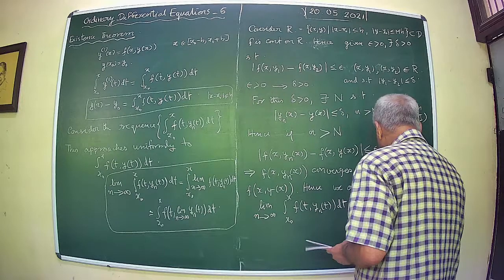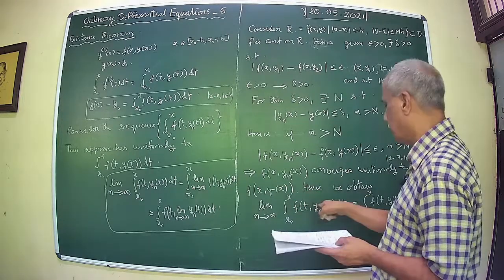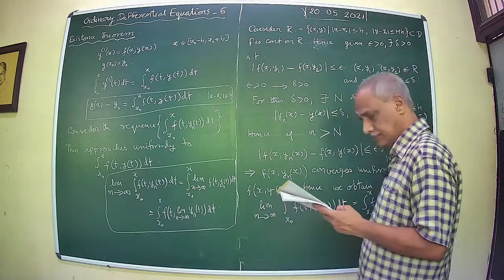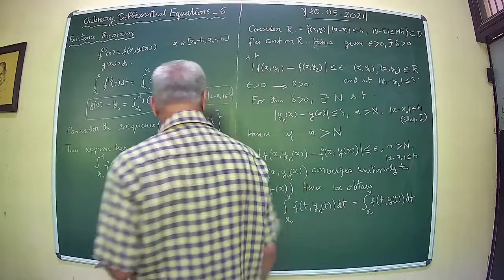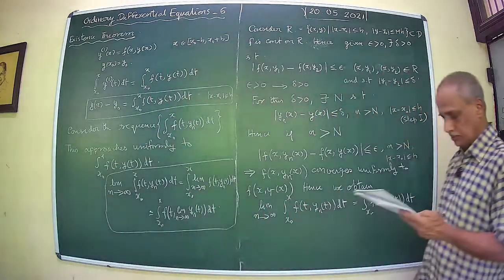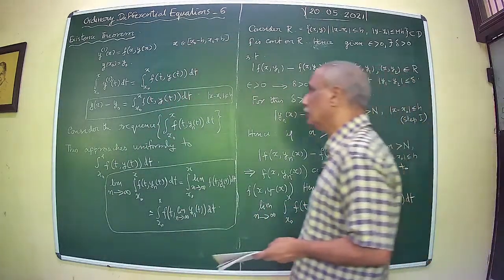That means the limit can jump inside, and then you get this result. This is the one that we are going to use next. Now we come to step 3.